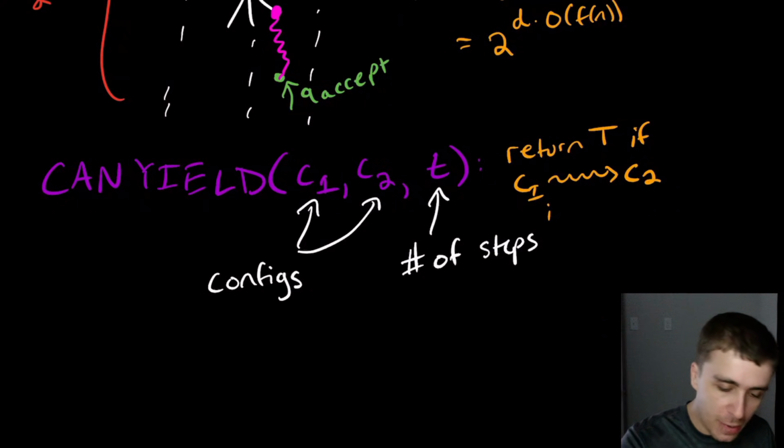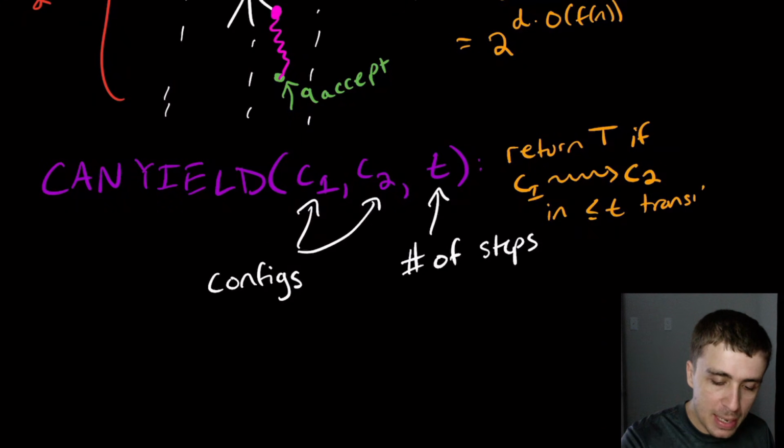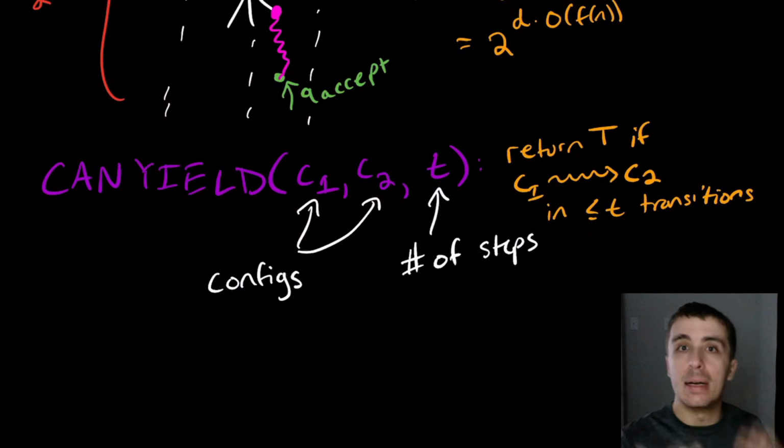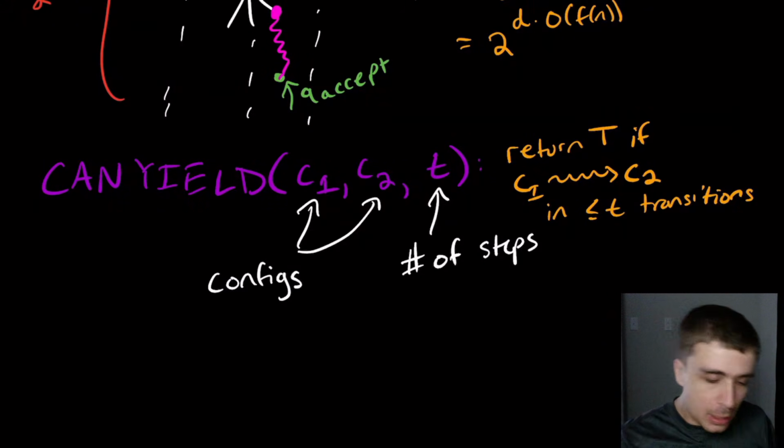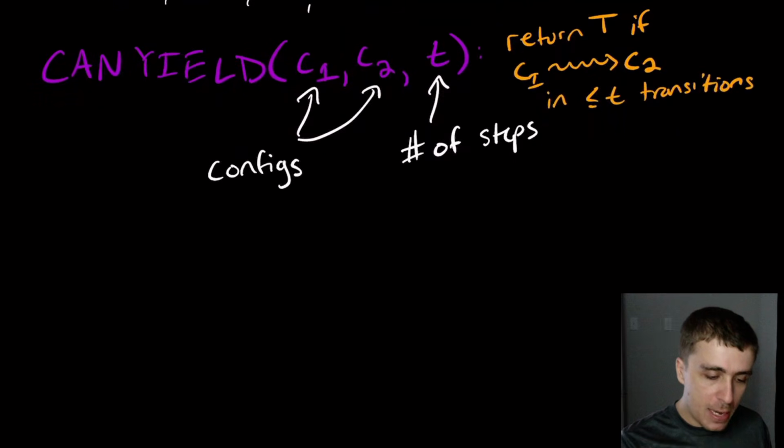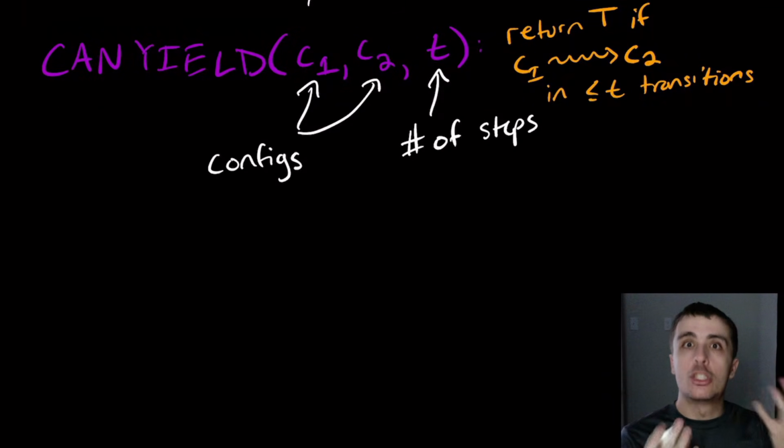Actually, you can define it in terms of at most T transitions, where T is the upper bound on the number of transitions that are allowed. Okay? So then we can actually define CANYIELD in terms of itself as a recursive function.